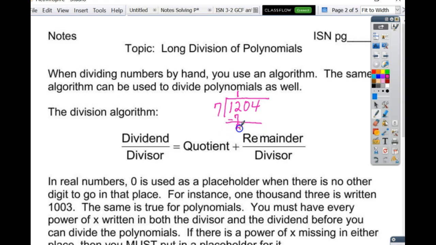So that becomes 5, and I bring down the 0. 7 goes into 50, 7 times, which gives me 49, and then I change the sign. I bring down the 1, 7 goes into 14 twice, okay? So we're going to do the exact same process with variables.